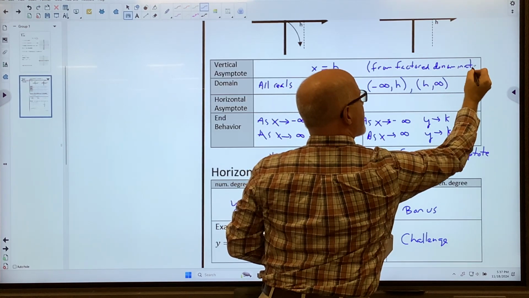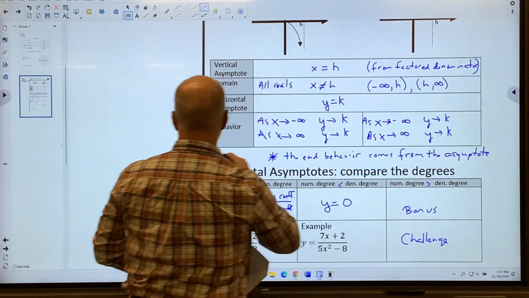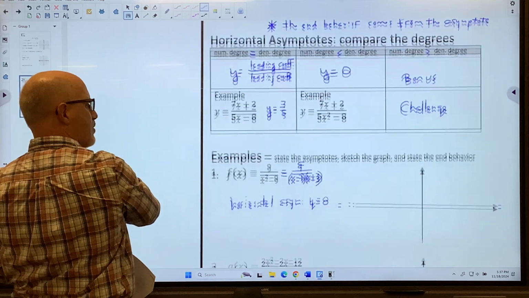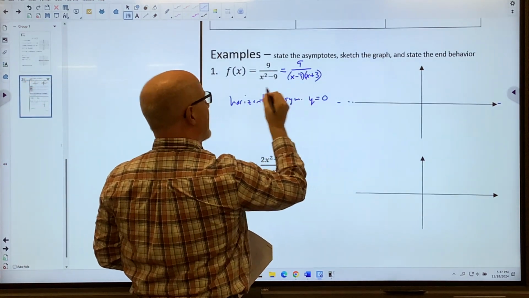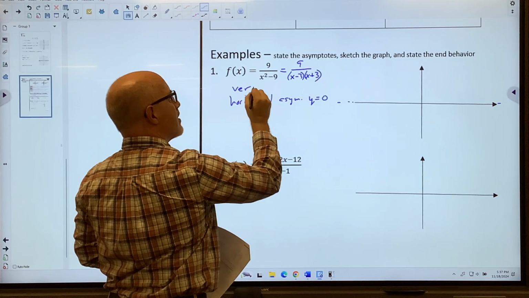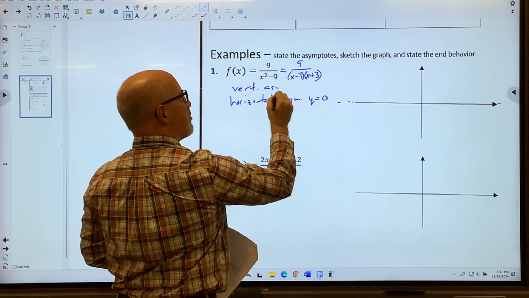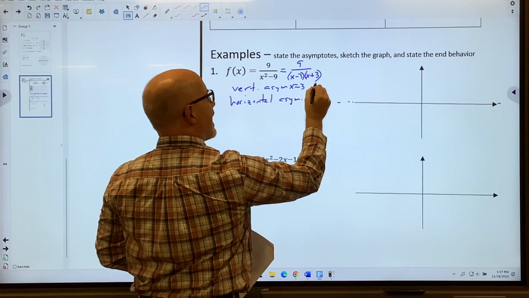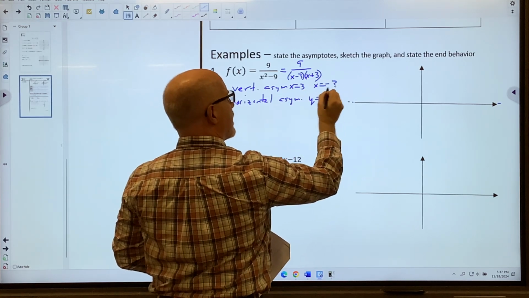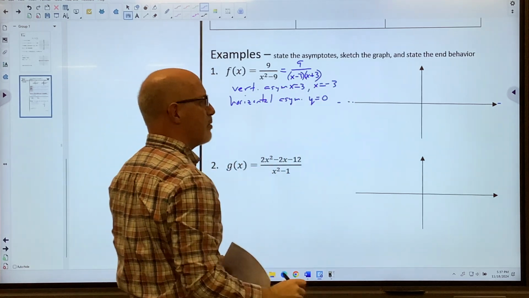That will help us find what the vertical asymptotes are going to be. So for my vertical asymptote here, what will make this equal to 0? So that would be at x equals 3 and x equals negative 3. Those are the two that would make that equal to 0.